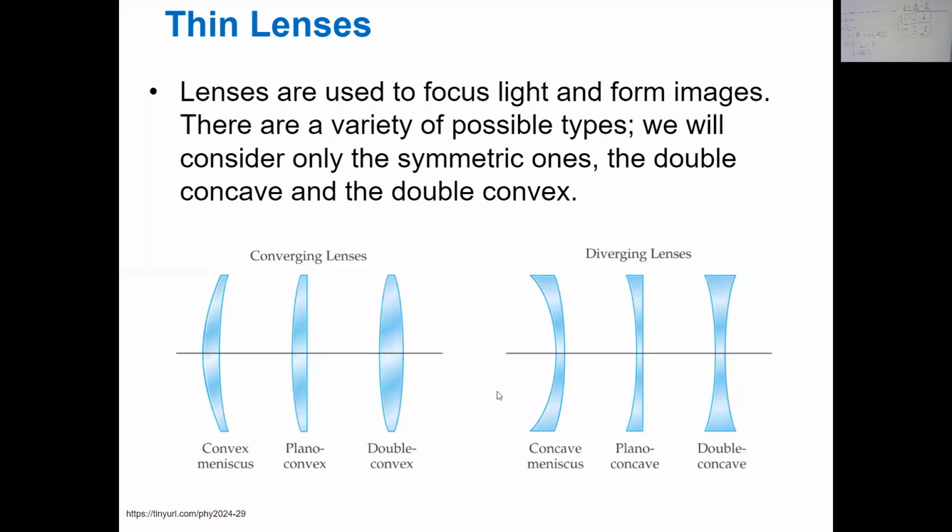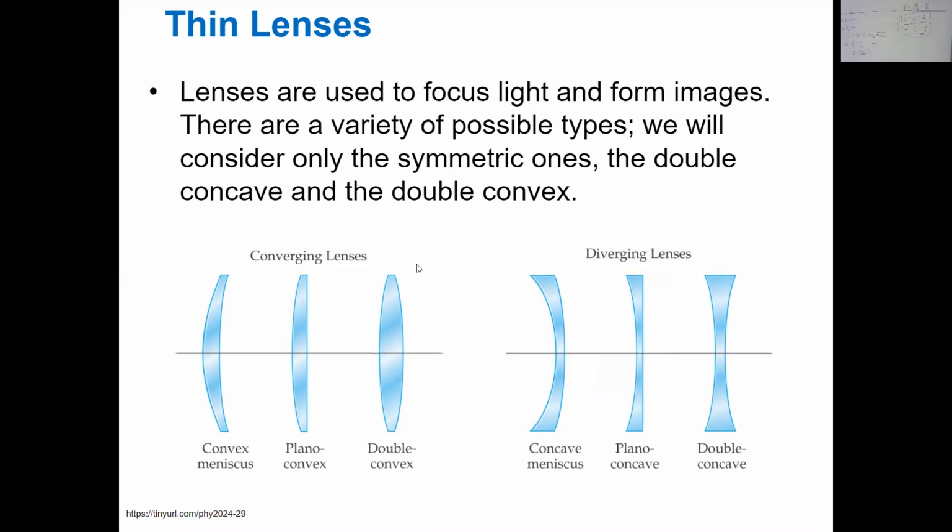In this case, you can have two types of lenses. One is called the convex lens. Those lenses will converge the incident rays. The other type is called the concave lens. Those types of lenses will diverge the incident rays.